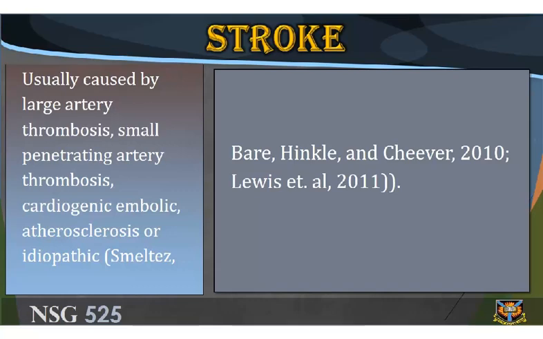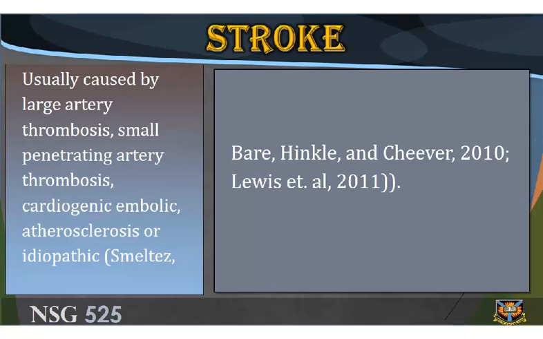Hemorrhagic stroke. Hemorrhagic stroke is usually caused by the breakage or blowout of a blood vessel in the brain. Hemorrhagic strokes account for 15% of cerebrovascular disorders and are primarily caused by an intracranial or subarachnoid hemorrhage. Smeltzer et al. 2010.